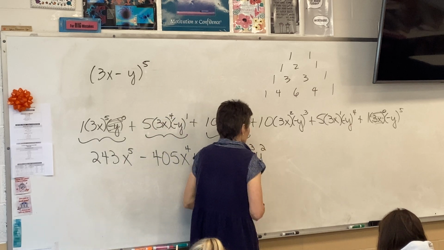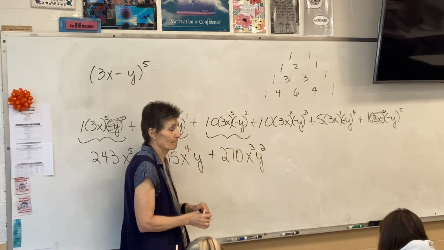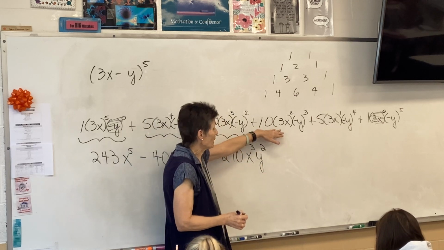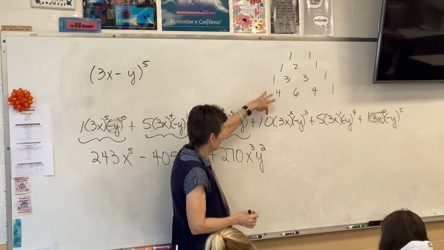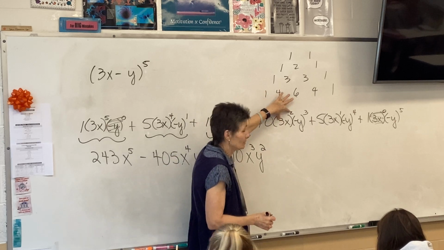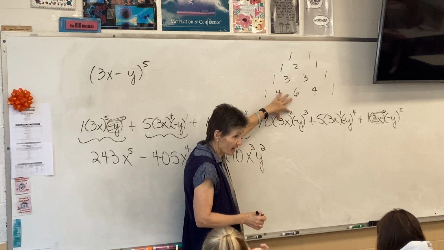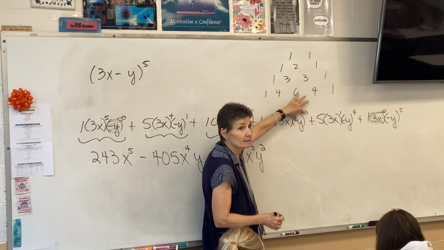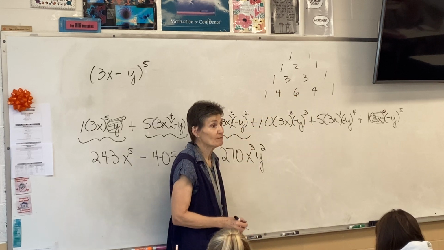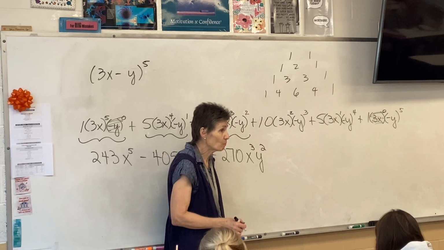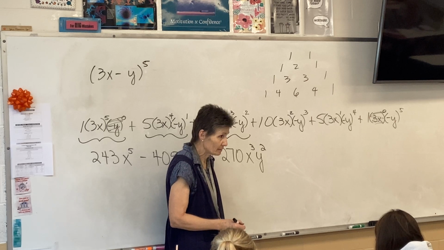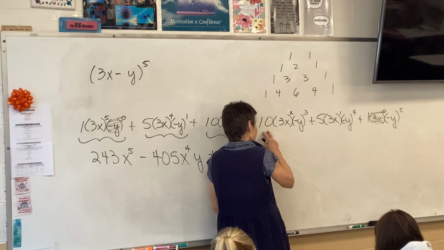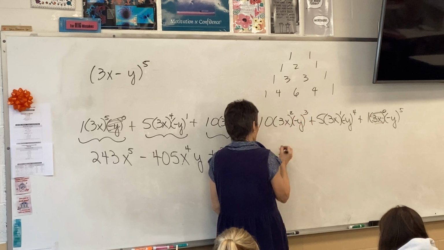What's happening here? I have 10, 9, and negative 1. Negative 1 times negative 1 times negative 1. So I have a 10, 9, and negative 1. Negative 90?